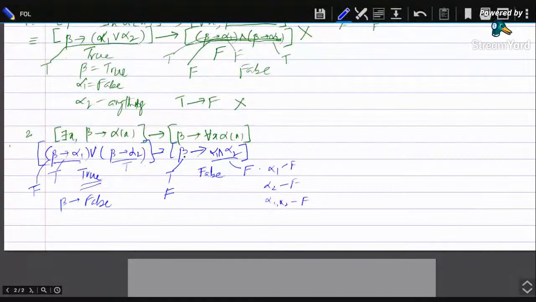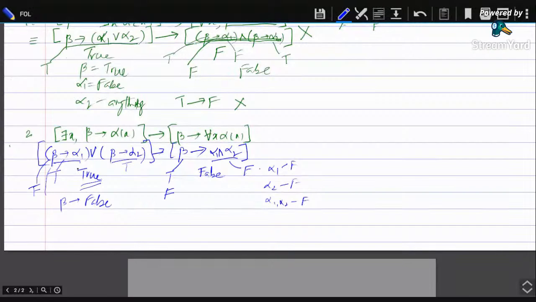Okay, let us stick to this. So to confirm, to make this false, let me assume beta is true. So can we have beta true and this whole thing still false? Keeping beta true, can we have this whole thing false? Yes, it is possible if beta is true.